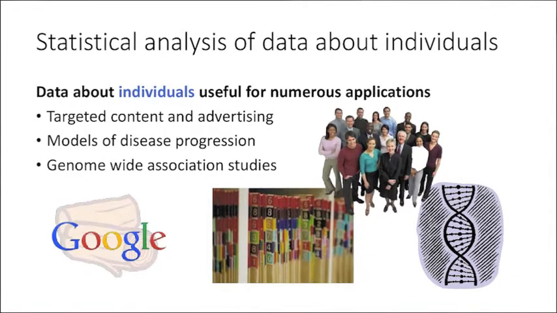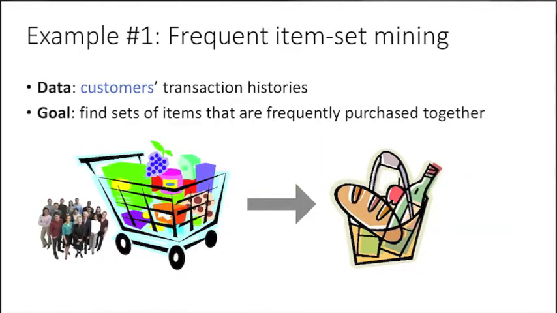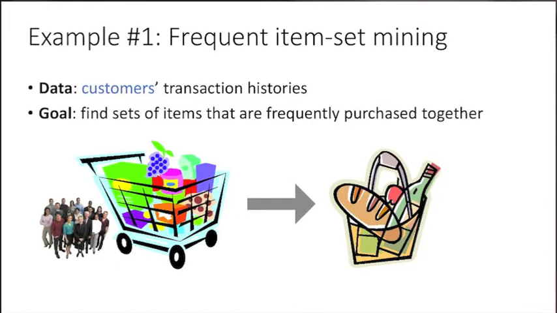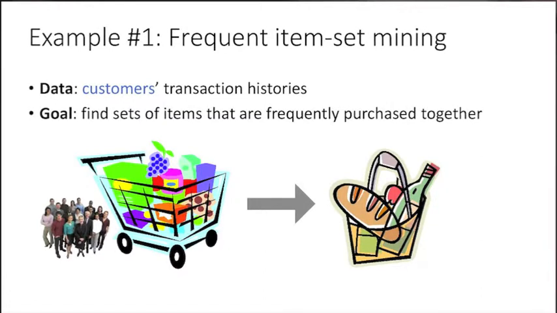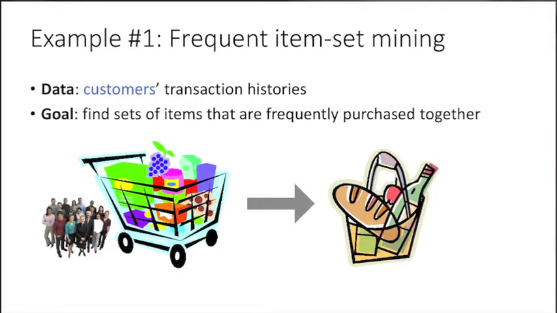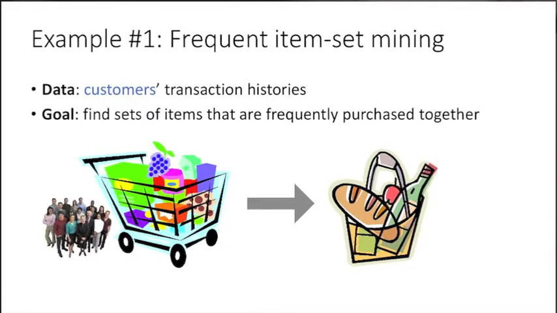So later in the talk, I'll discuss two kinds of applications. One is a somewhat more practical application where you're looking at people's purchasing histories on the internet or in any kind of transactions.